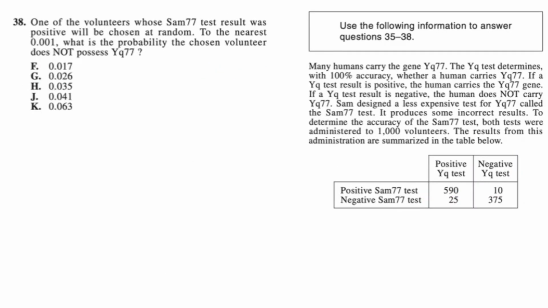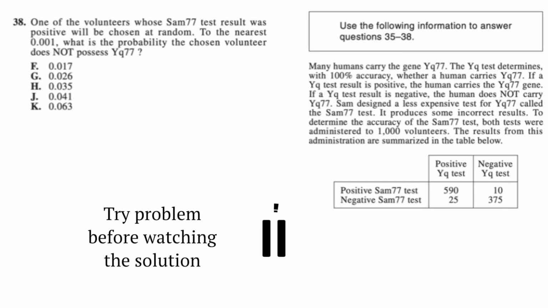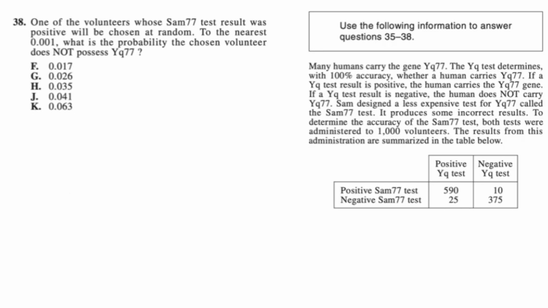Number 38 says, one of the volunteers whose SAM-77 test result was positive will be chosen at random. To the nearest thousandth, what is the probability the chosen volunteer does not possess YQ77? So we're going to focus in on the people that got a positive SAM-77 test result, which is this top row. Those are the people that we're going to choose from randomly. So there's 600 total.